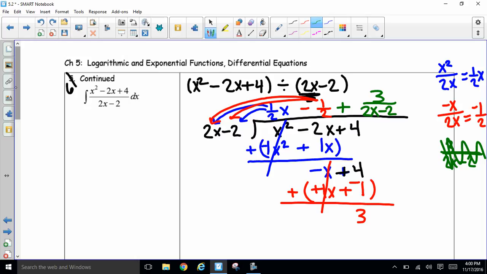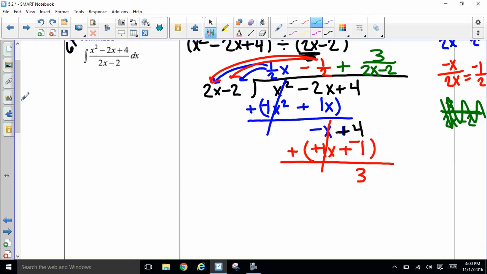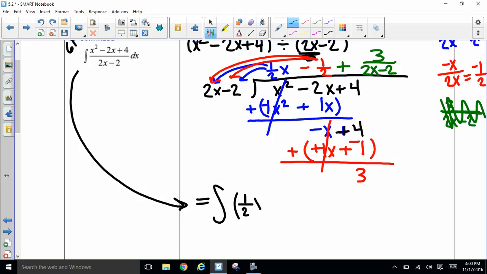All right, so I have turned my original problem into the integral of 1/2 x minus 1/2, then plus 3 over 2x minus 2 dx.